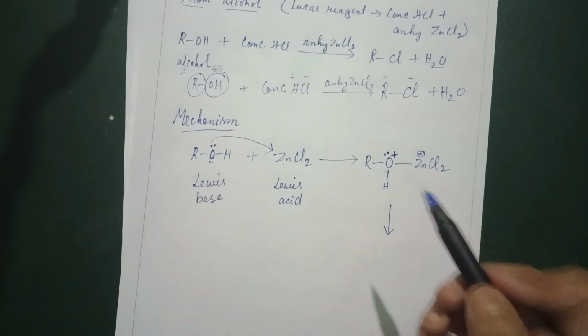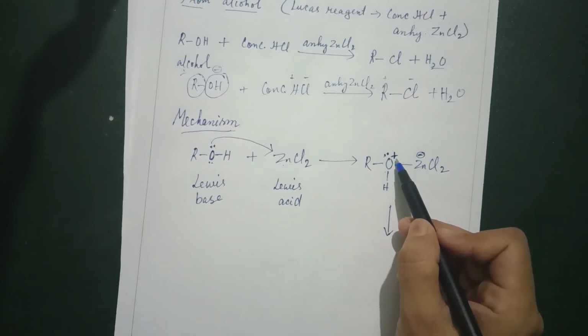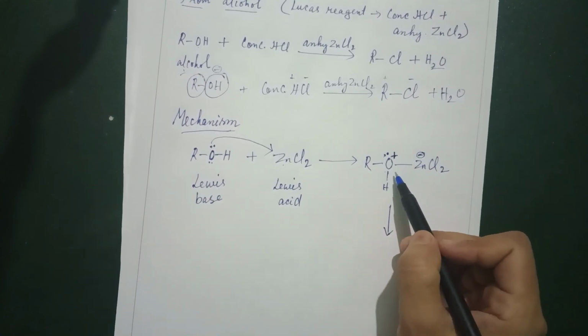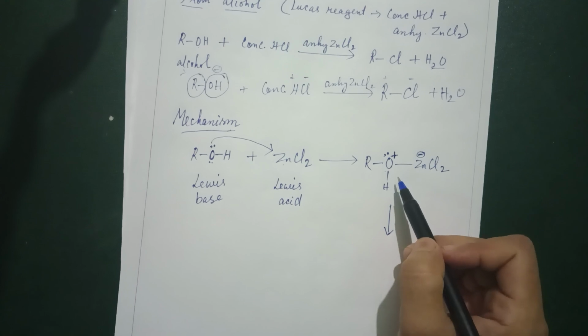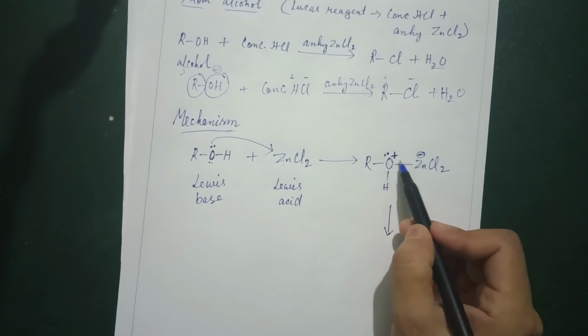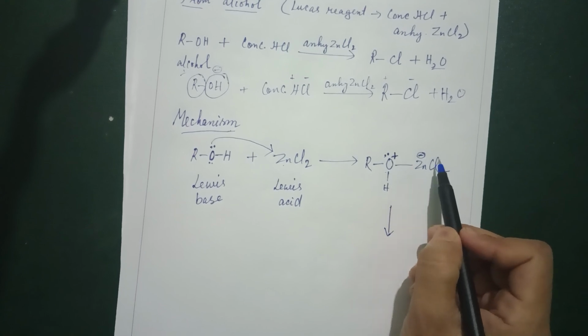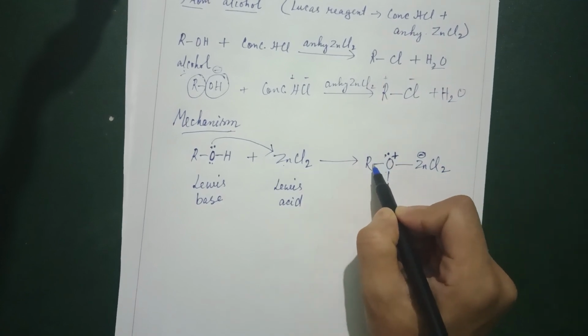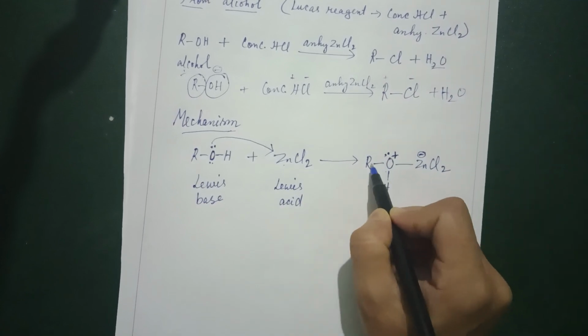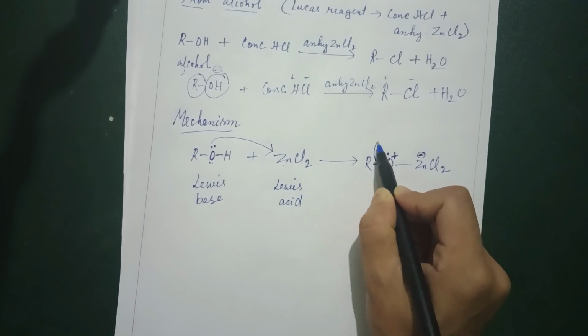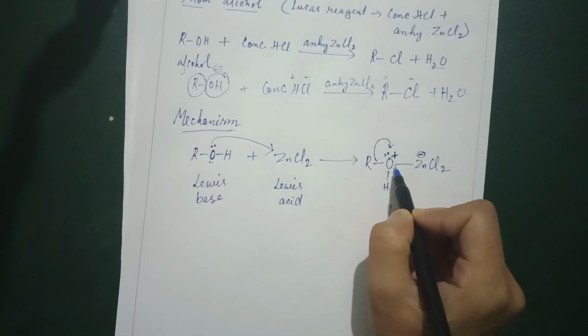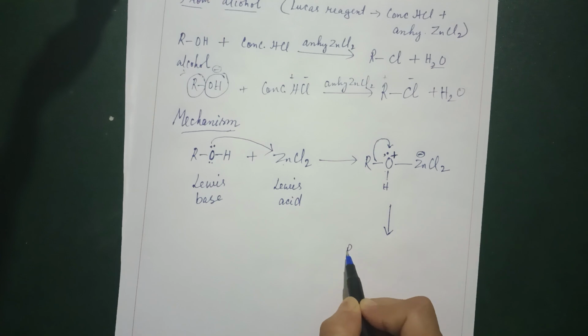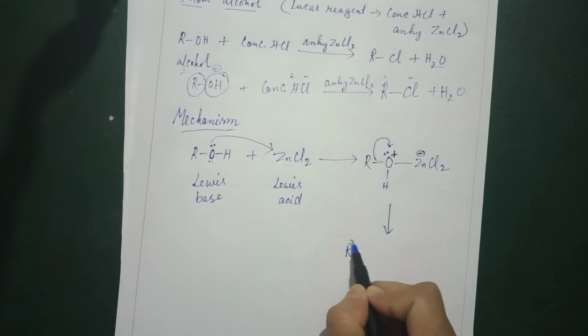Now this oxygen carrying a positive charge is very unstable, so it will always try to attain stability. How? Let's see. This bonded electron pair will be shifted to the oxygen, and now this will be cleaved, will break as R plus.